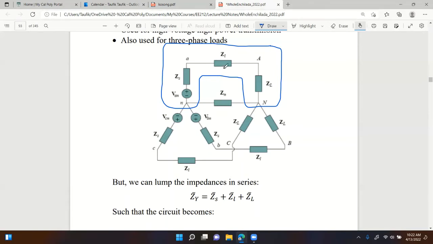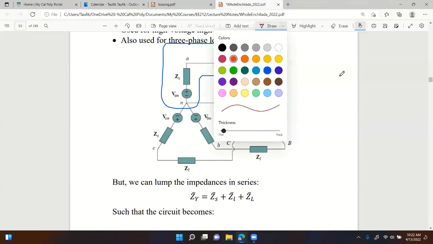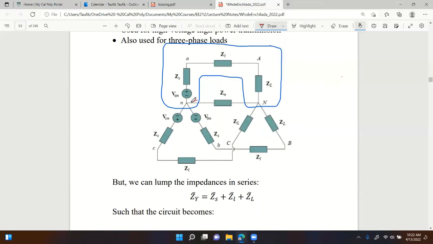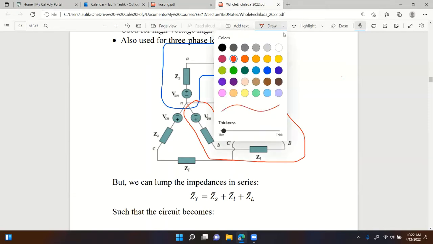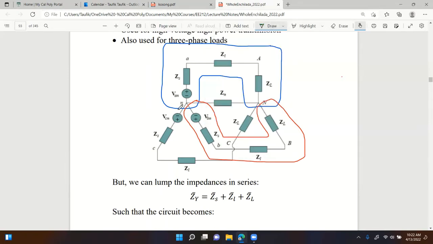Notice that the other two phases will be identical to phase A. If you look at phase B, right here, you can see that it also consists of the same three impedances. See that? One source, three impedances. If you look at phase C, same thing.